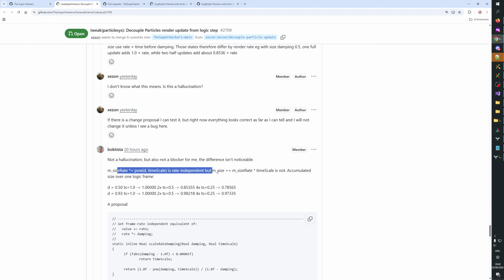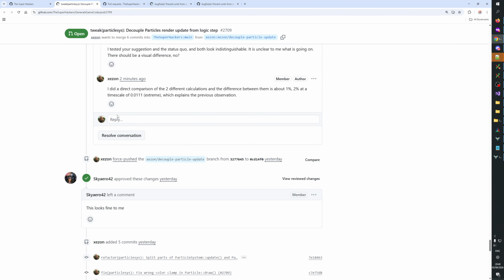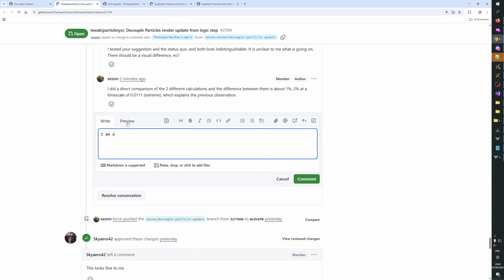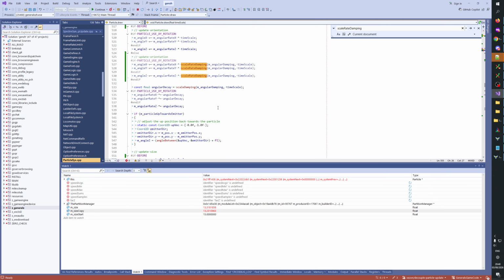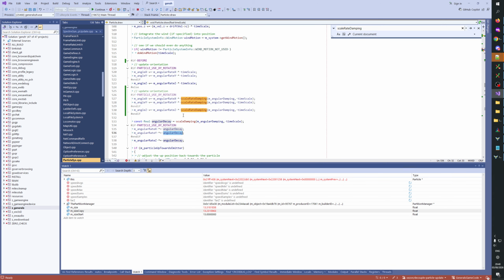Rate independent is not. I'm still not sure. Right. Angular decay. Rate.